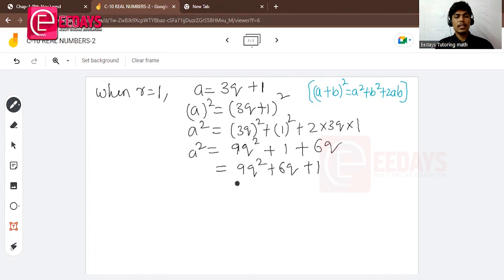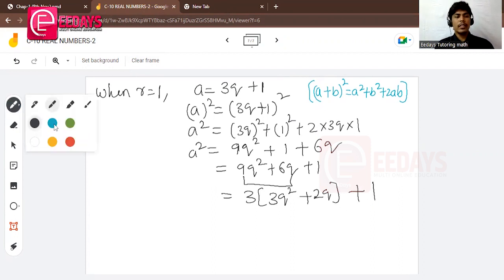Can I rearrange like this? Now in these two terms, what do we have to take common? If you take common as 3, 3 into 3q square plus 2q you will get, and plus 1 is there.